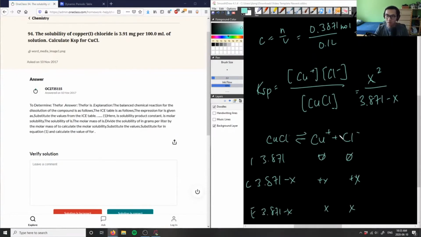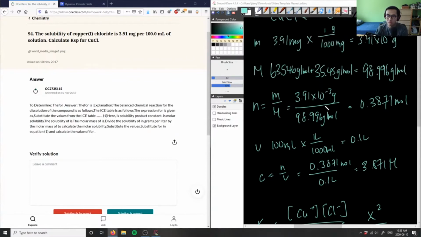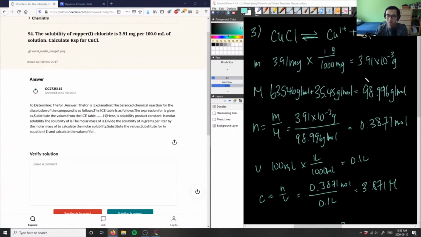What we can do here is finish this problem. Let's see, I have 3.91 of 98 grams here. Did I divide this correctly?